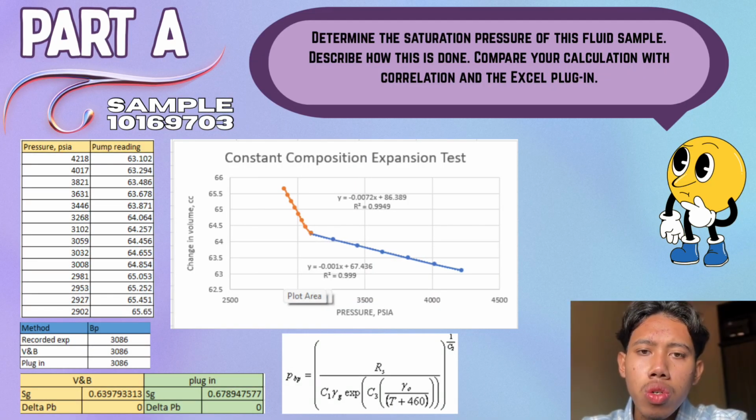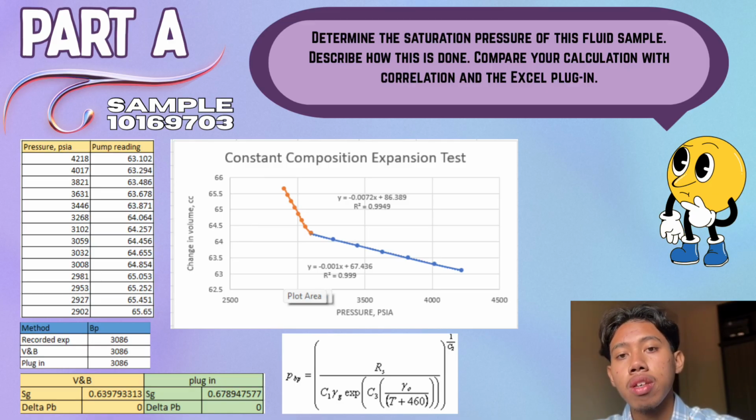The same goes for the sample code 101697003, where we need to determine the saturation pressure of this fluid sample. We also use 3 ways, which are the CCE test, correlation of Westphalia index, and the Excel plugin.